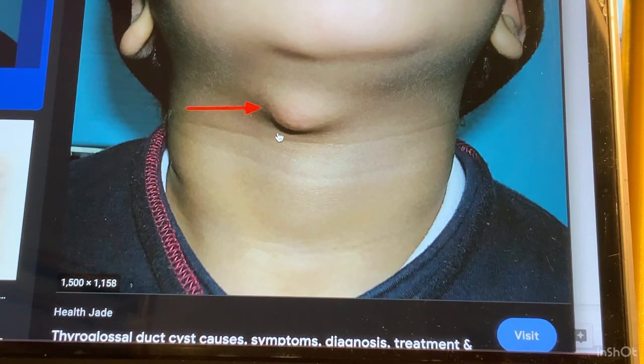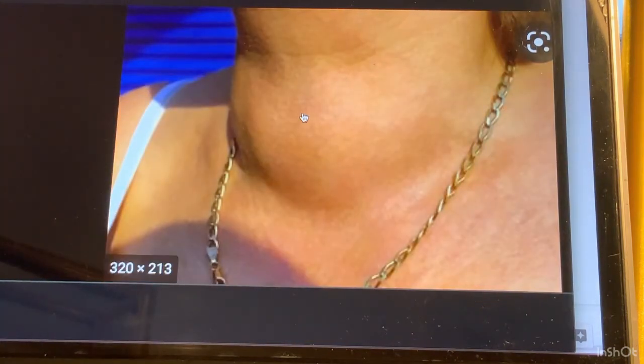It commonly occurs in children. It's a midline neck mass, and it moves with swallowing and on tongue protrusion. Remember, glossal means tongue, so it moves on tongue protrusion. The thyroid goiter, which was the other image, only moves on swallowing and not on tongue protrusion.